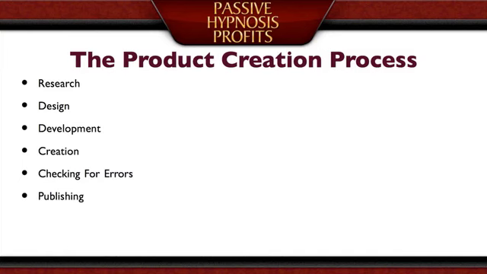The next step of the process is what I call the design process. And again, you'll see how each of these elements fit into the actual process for ebooks, video products, audio products, all that kind of thing in a few moments' time. So again, I recommend that you design the product before you go ahead and make it. So I actually recommend using mind maps. I'm a huge fan of using mind maps when it comes to developing ideas, concepts, and products.